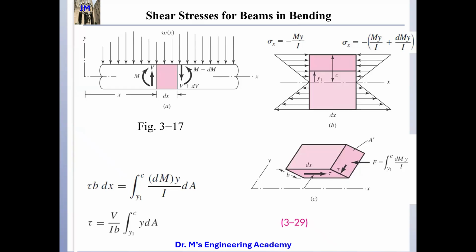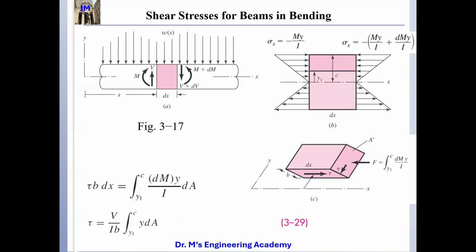Here this is sigma x, the normal stress in x direction. It equals minus My divided by I. On one side, and on the other side, you have dMy. Because My is changing, this is M plus dM.